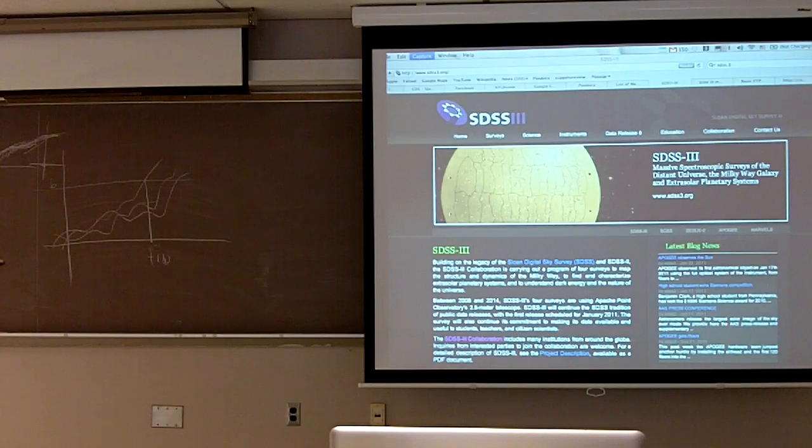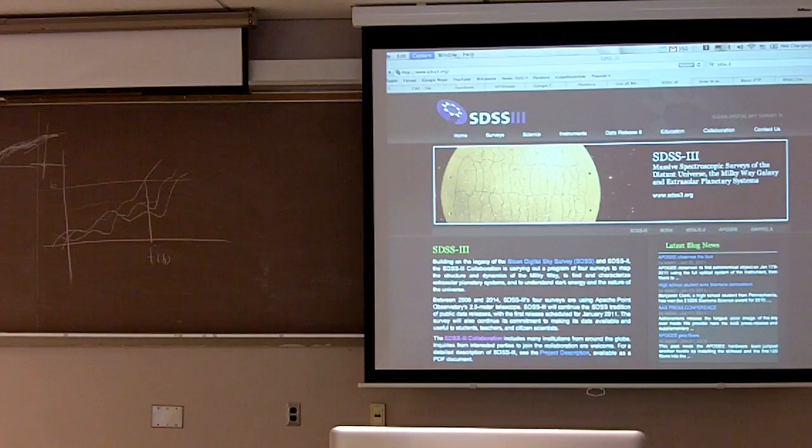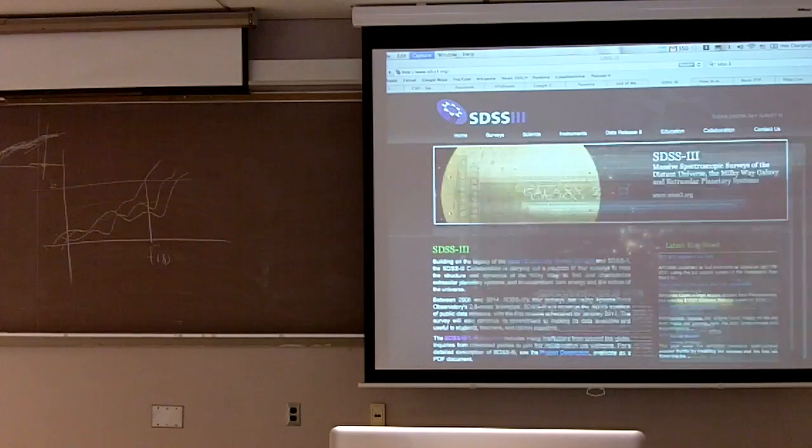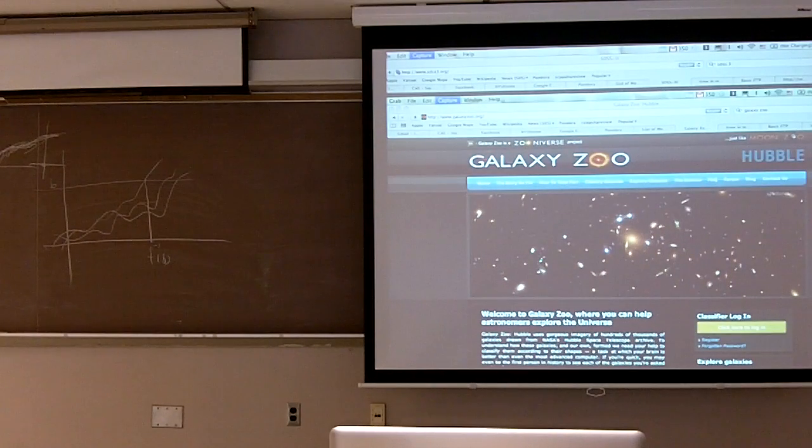For those of you who are interested in the SDSS, this is the site, sdss3.org, so feel free to go around. If somebody wants to be active in some way, a cool project is called Galaxy Zoo, a side project of the SDSS, one of these trends where they use the public to analyze data, because the human mind today is still better than computers at identifying objects.